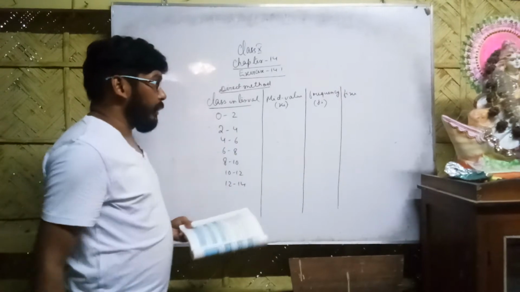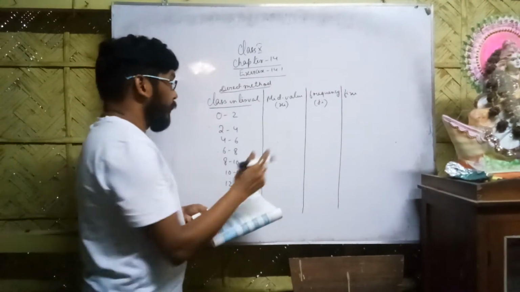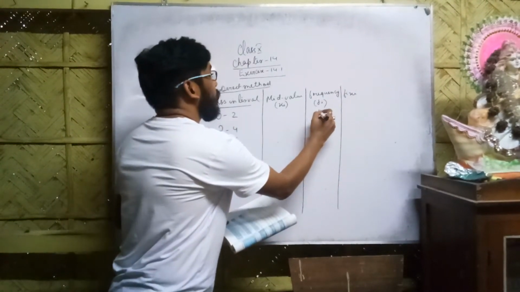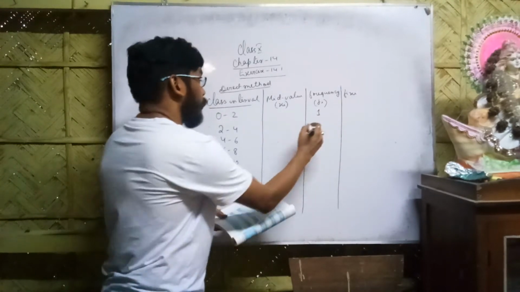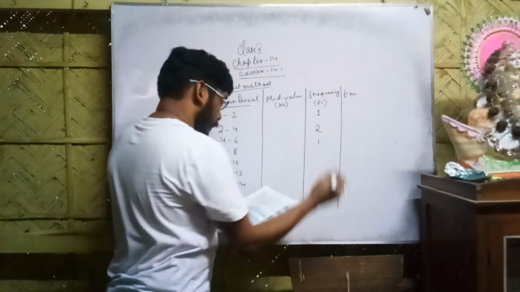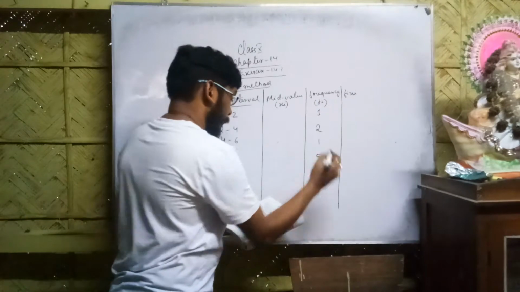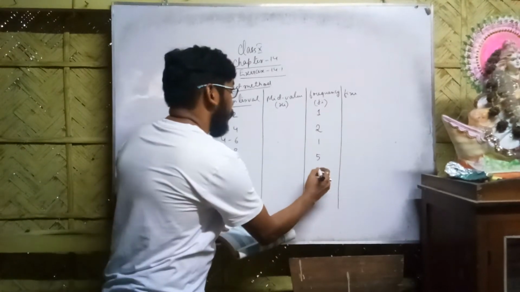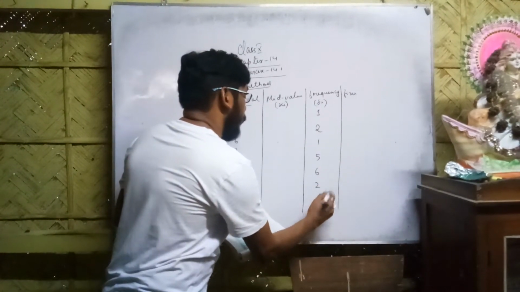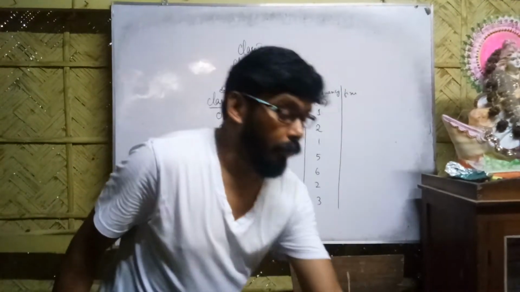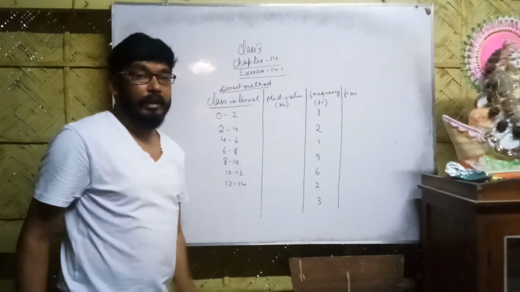Frequencies: 1, 2, 1, 5, 6, 2, 3. These two columns are already given in your question.